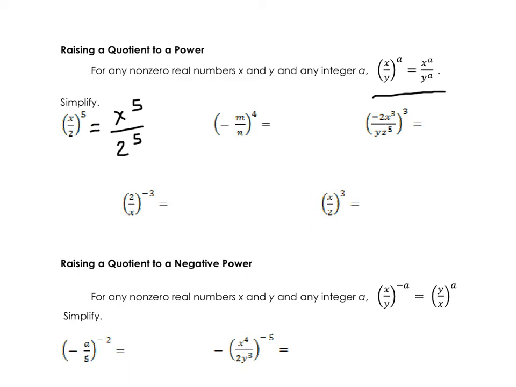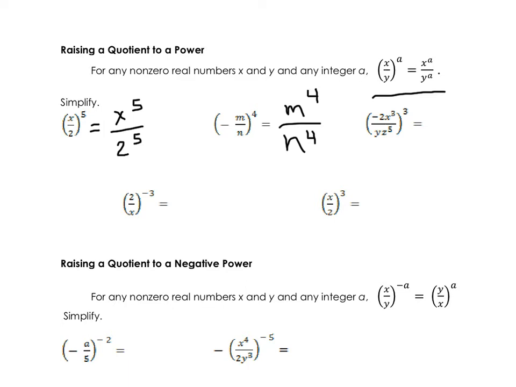If you raise negative m over n to the 4th power, in fact, if you raise any negative number to an even power, your answer will be positive. So we have m to the 4th over n to the 4th. Here we have a negative number raised to the 3rd power. We're just bringing that exponent in and applying it to all the factors in the numerator and all the factors in the denominator.